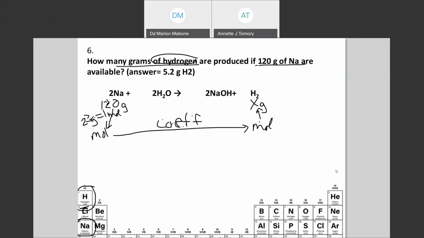Look on your screen, I'm circling it. Hydrogen, I have 2 of them. So I need to do 2 times 1.01, 2.02. So there's my conversion factor, 2.02.